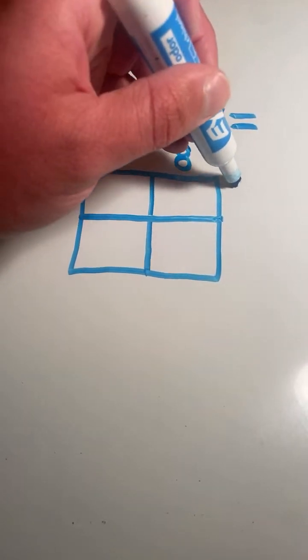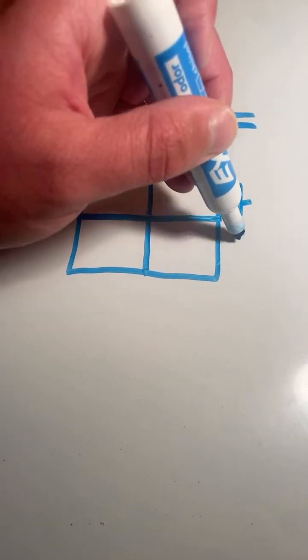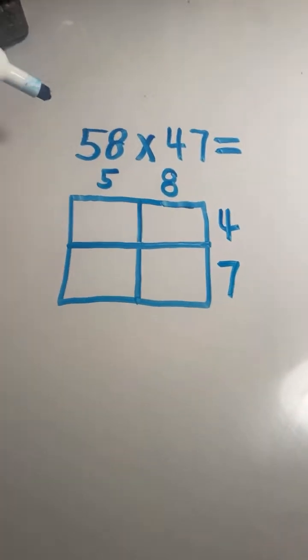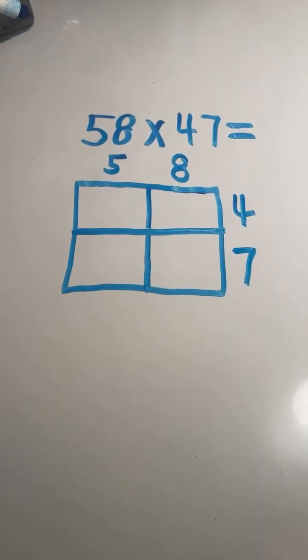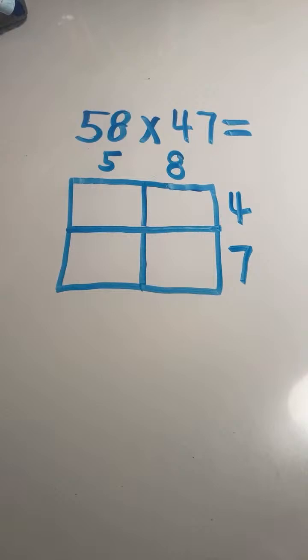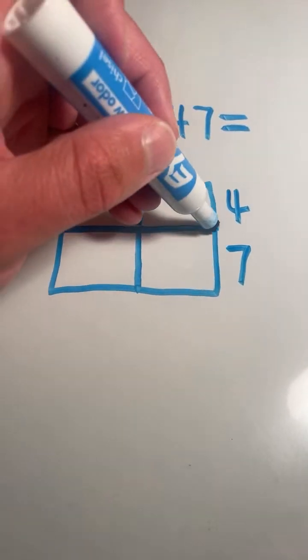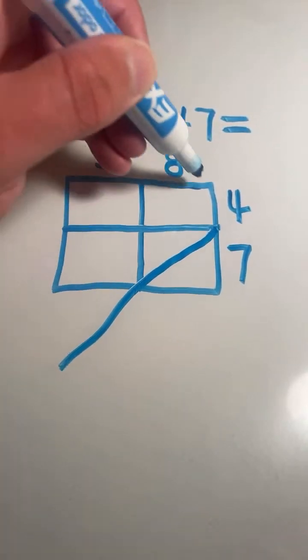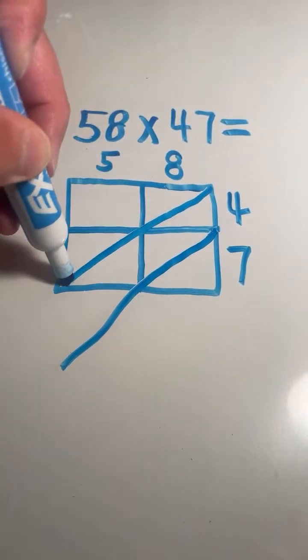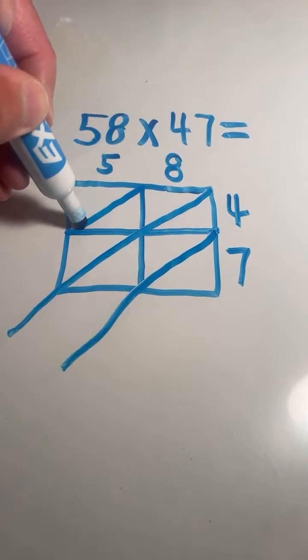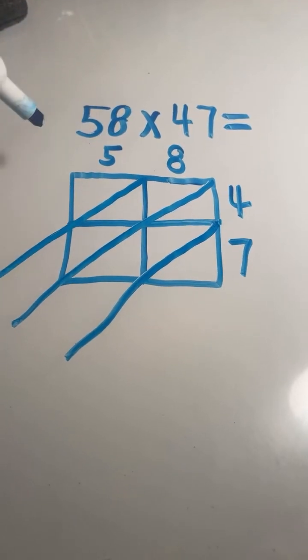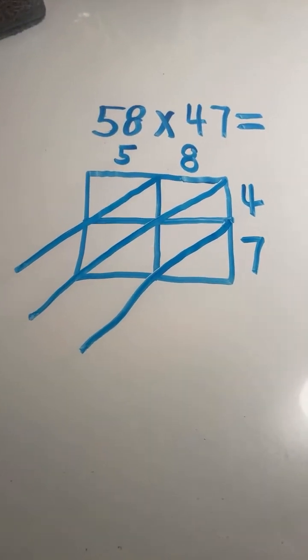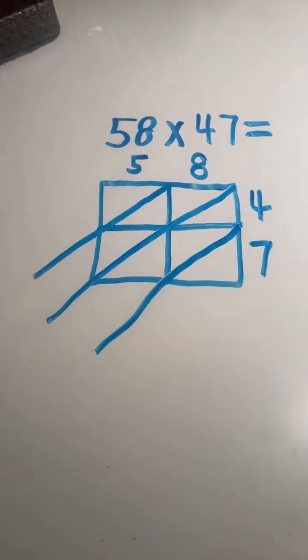And along the side, we have 4 and 7. Next, we're going to draw a diagonal line through each of the squares. Now that we have our Lattice method model, we are ready to multiply.